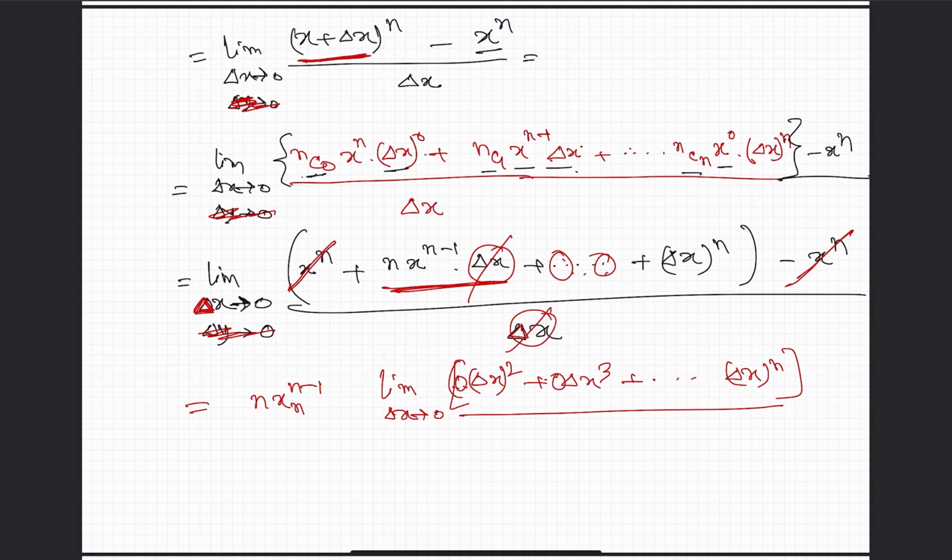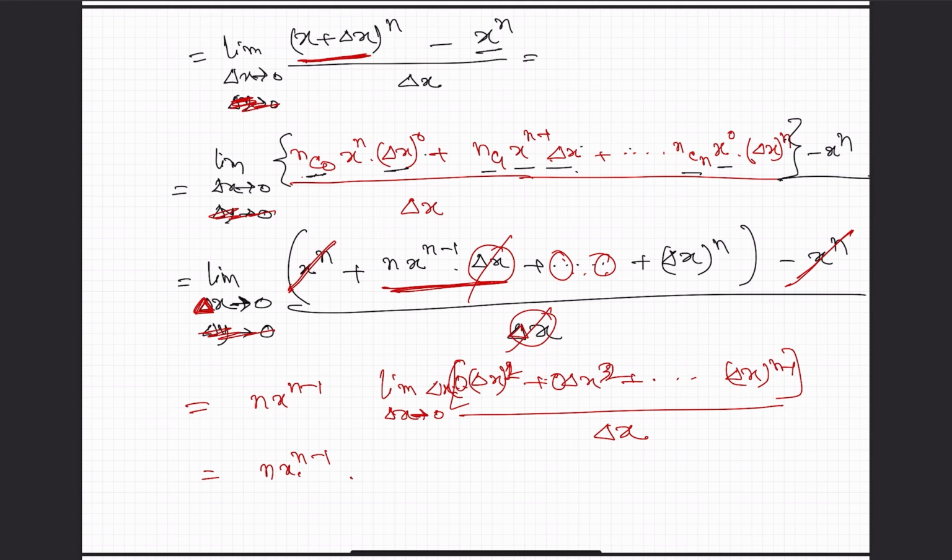These two have already cancelled each other out, del x. So the del x can be cancelled by just taking a common of del x. Each term of del x, the degree will just go one down, so it will be 1, it will be 2, it will be n minus 1. So ultimately, sorry, there will be no suffix, I'm so sorry, x to the power n minus 1.